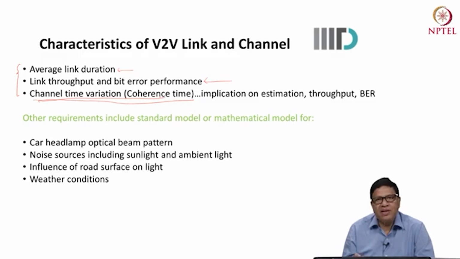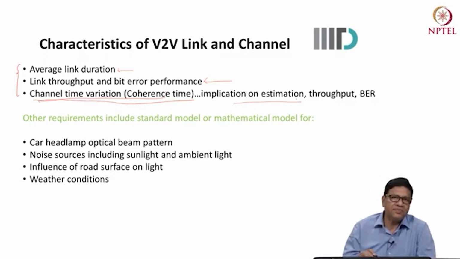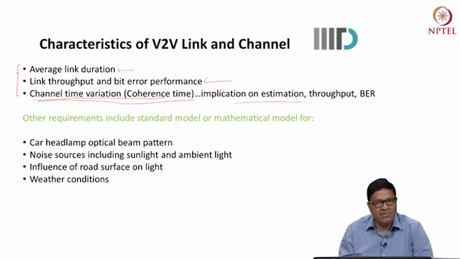If you do it frequently it will involve some overhead and reduce your throughput. So we want estimation to happen over a longer time, or we want the coherence time to be large, which will reduce the handover and effectively improve your throughput and BER performance. So these are the three quantities which are important if you are studying a vehicle-to-vehicle communication link: the average link duration, the link throughput and bit error rate performance, and the channel time variation, or coherence time, of the channel.